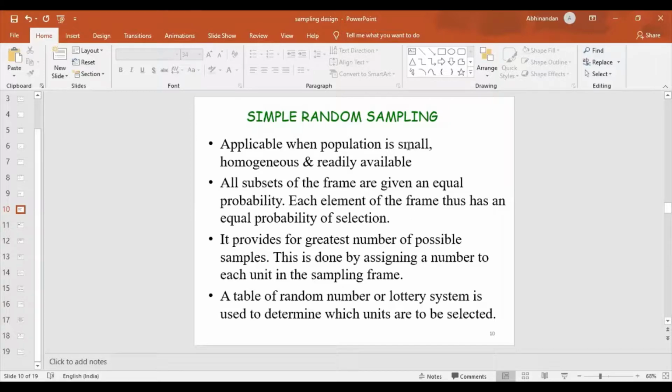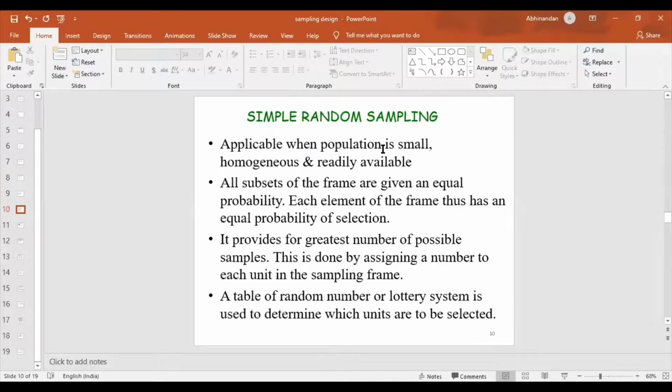So this is considered simple random sampling. Here you can observe how it is a probability sampling: the 100 students get an equal chance of being selected in the sample. That means every unit gets a chance of being selected.